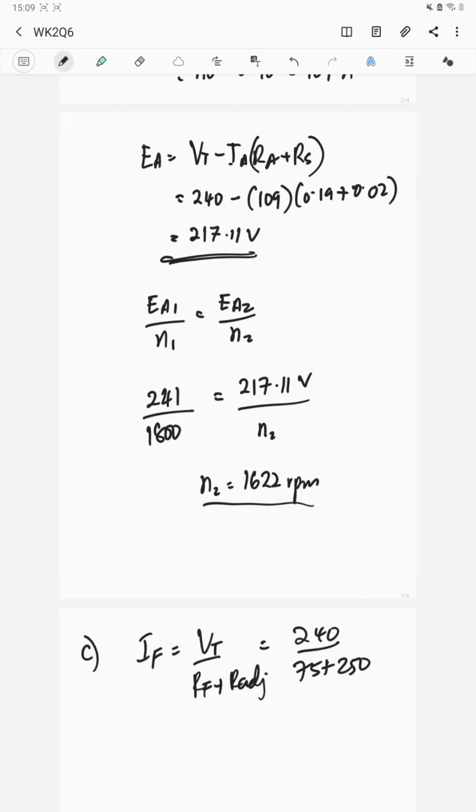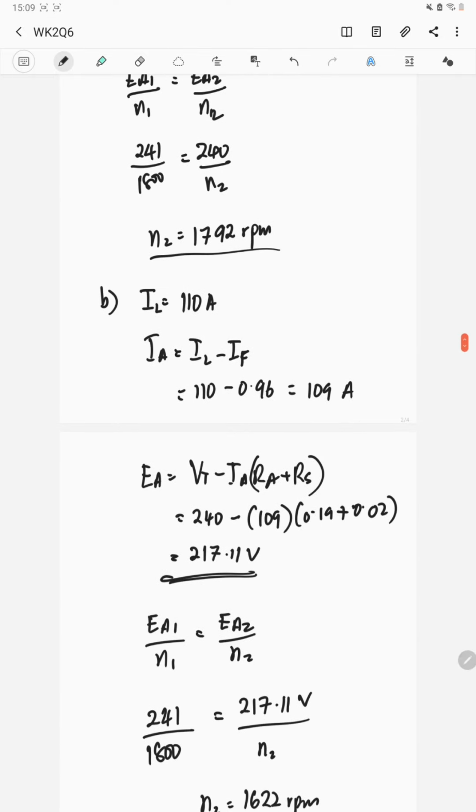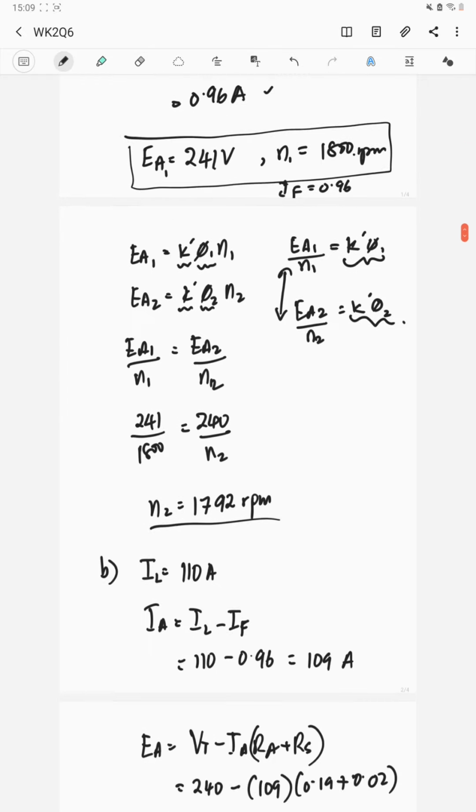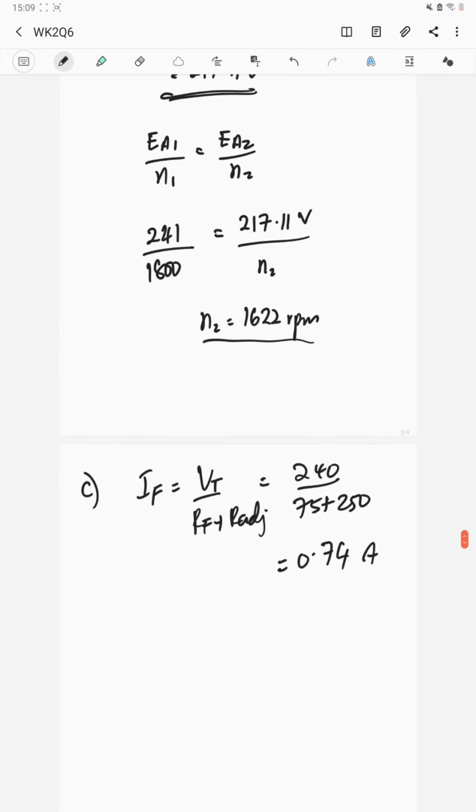Oops, sorry. 250 will give you 0.739 ampere, or 0.74 ampere for simplicity. So IF is 0.74 ampere. Now IF, instead of 0.96 ampere, becomes 0.74 ampere.